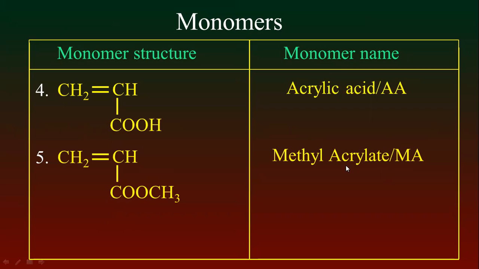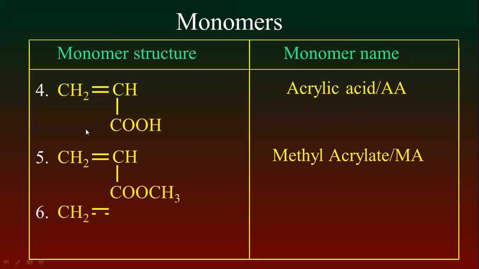That means if any compound is formed like a salt, then just write ate instead of ic. That means acrylic is converted to acrylate, so the name will be methyl acrylate.